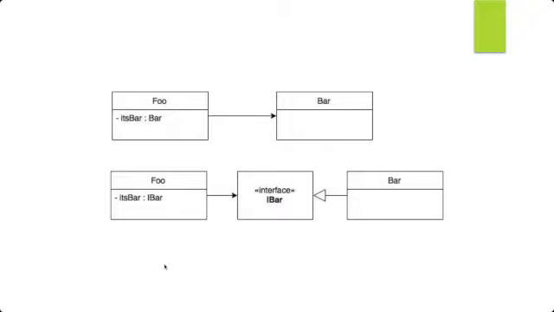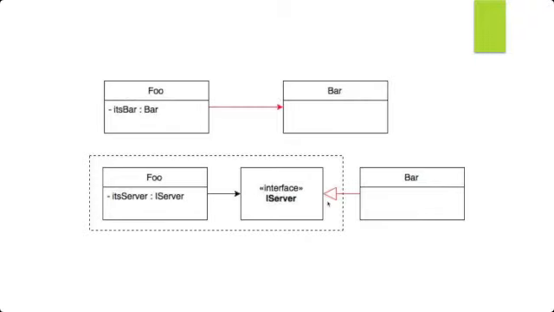Maybe another example, but with these strange classes. Class foo depends on class bar, and I need to change this situation. I add the interface, and now this class works with this interface, and class bar should implement this interface. And the most important part is that this interface should be close to class foo.